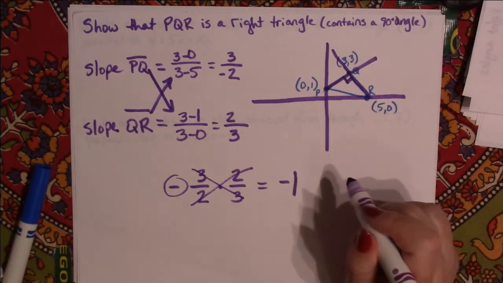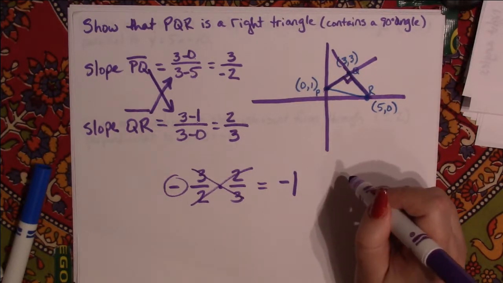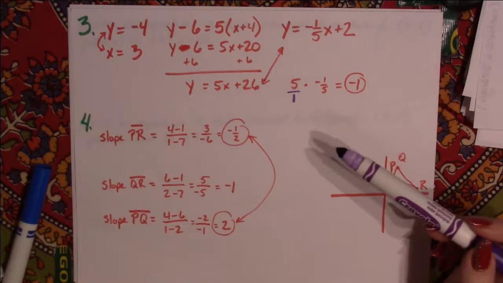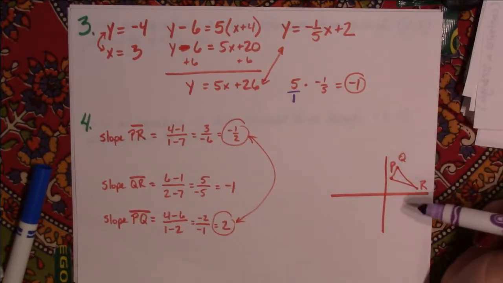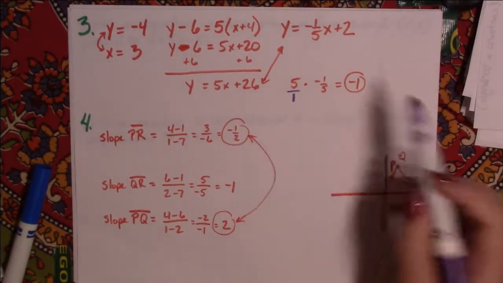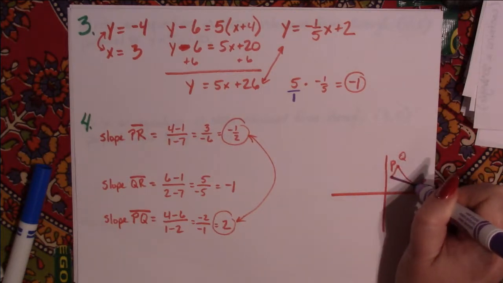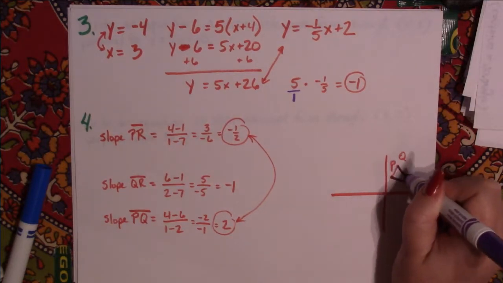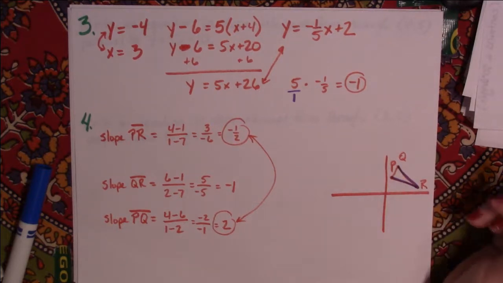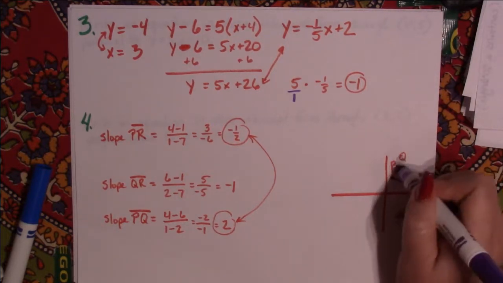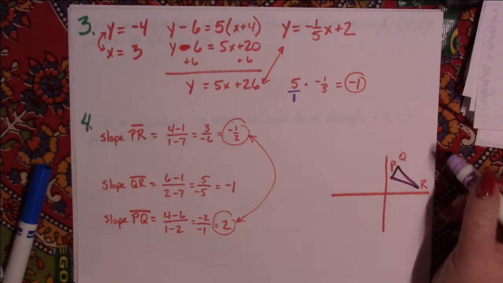Pause the video here to do Check It Out number 4 on page 363. Number 4, I guessed wrong the first time I did this. I did the slope of PR and the slope of QR because I misread my thing and I was actually doing this line twice. And then I did the slope of PQ.